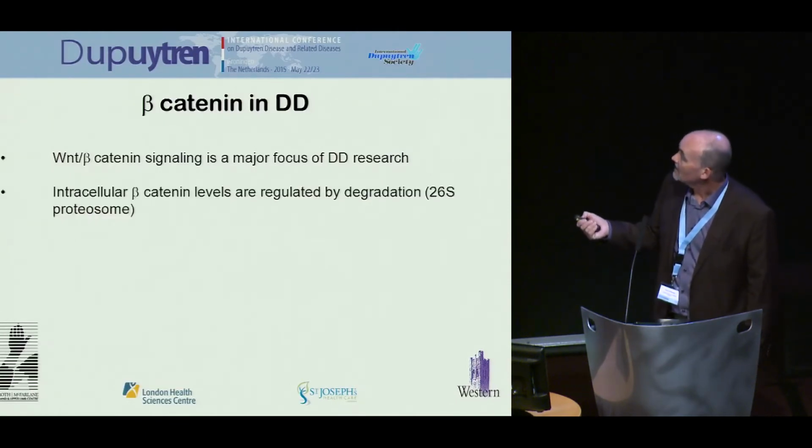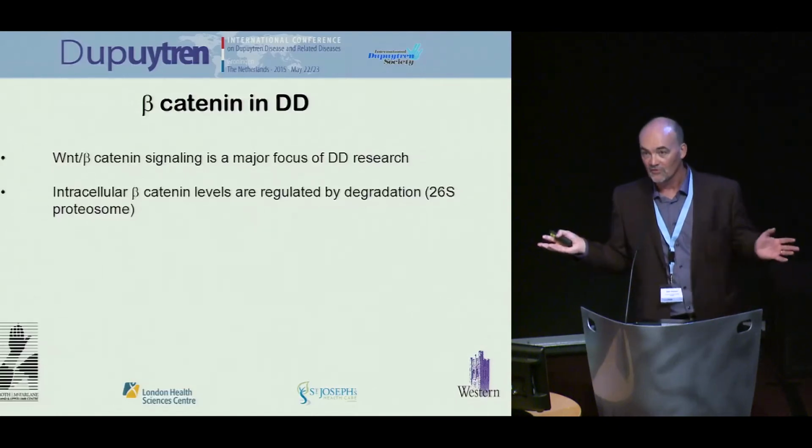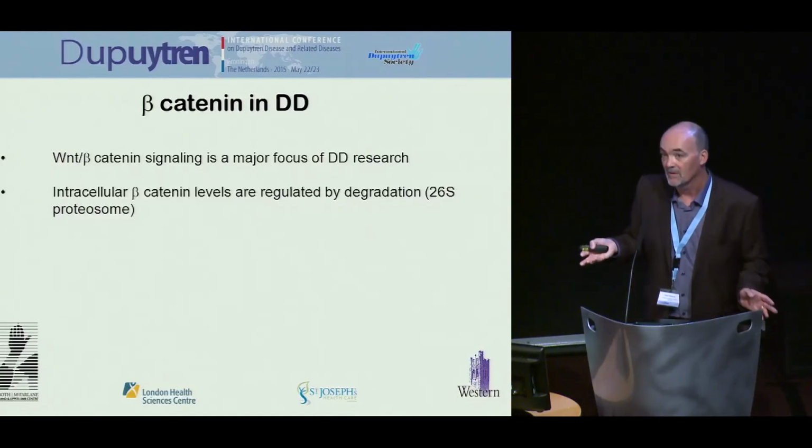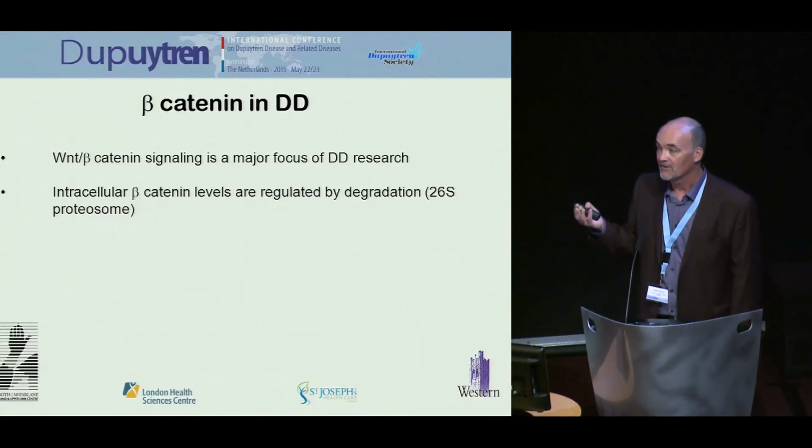So beta-catenin is an unusual protein in the sense that most cells make it, most fibroblasts make beta-catenin, but when you look for beta-catenin in most fibroblasts, it's at relatively low levels. And the reason for that is that the protein is constantly degraded.